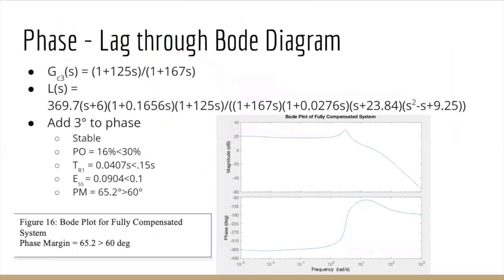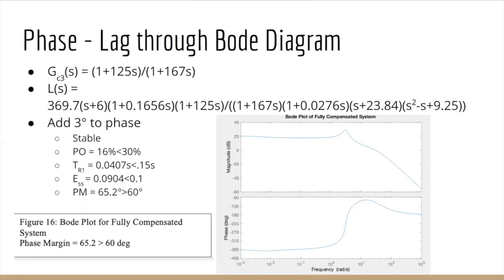For my final compensator, I decided to add a phase lag, as I knew that it would help increase the phase margin without affecting the steady state error. To do this, I looked at the Bode plot of the previous compensated system and found where 120 degrees would be added. I decided to use 118 to give some safety.